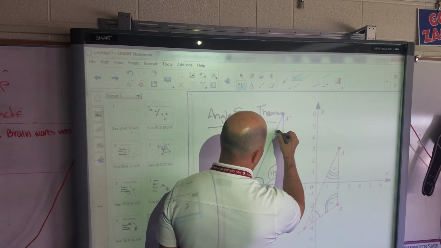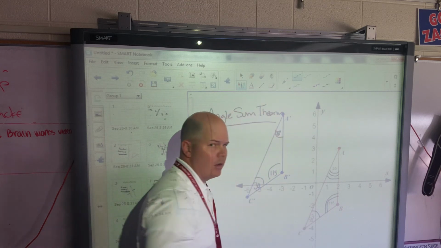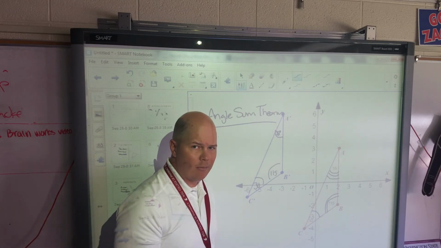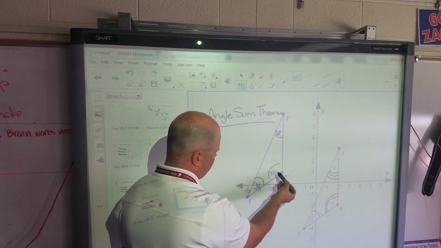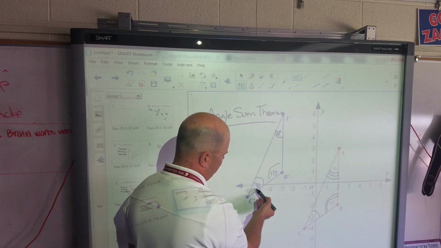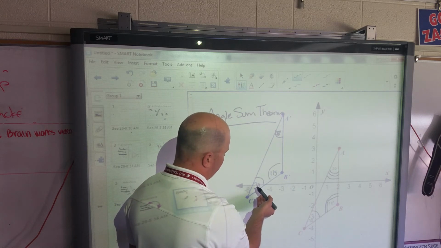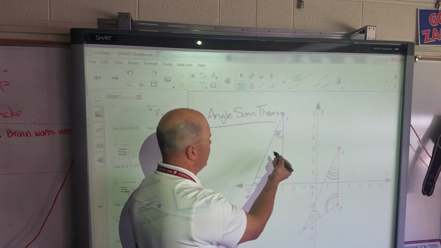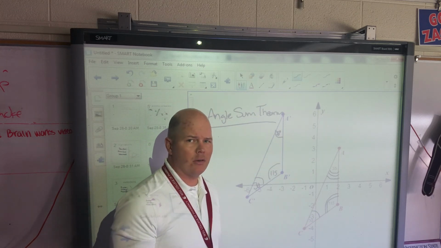And this guy is 35 degrees. Okay? What's really cool is it's the same for every single triangle that you deal with. If I take 115 plus 30, I get 145. And if I take 145 and add 35 to that, I get 180. And that's what the angle sum theorem says.